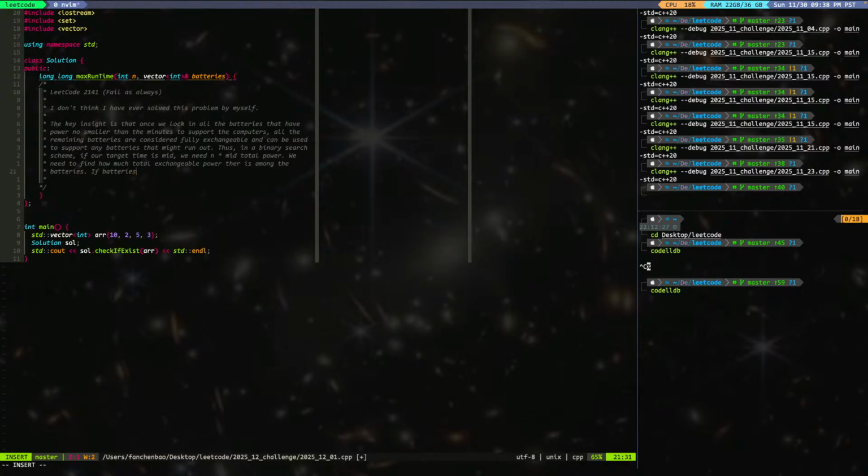If battery I is larger or equal to mid, it can only provide mid, right? Because it is locked in on a laptop already. It cannot be used to support other laptops.